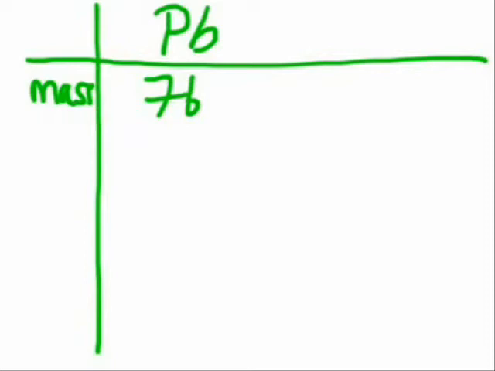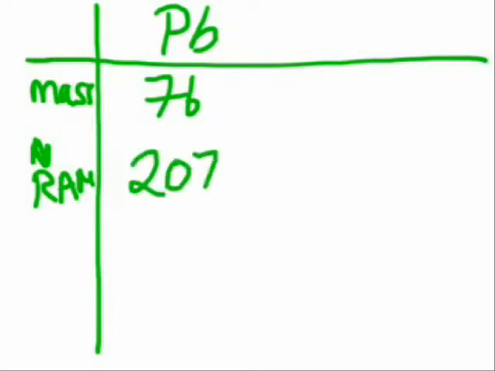That equation is important. Here's how I lay out what I would do in an exam. I'm just going to do lead as an example, so I'll put a heading Pb, ironically enough, and I'll write out what I've got. The first thing I'm going to put in is the mass. The mass of lead that we said we had was 76 grams. Then I'm going to put in the relative atomic mass of lead, which is 207.